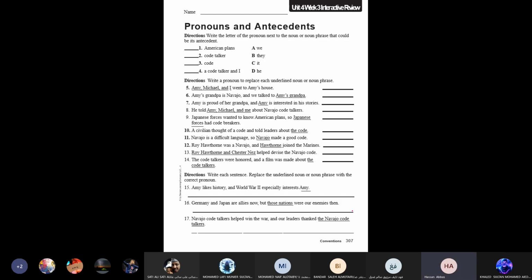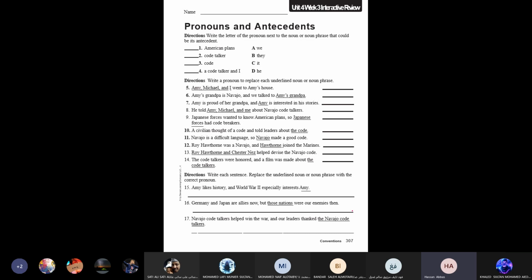Okay, Khalid. Read the head of the question first. Write a pronoun to replace each underlined noun or noun phrase.